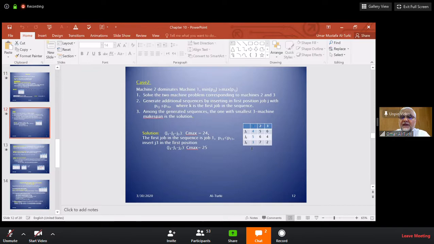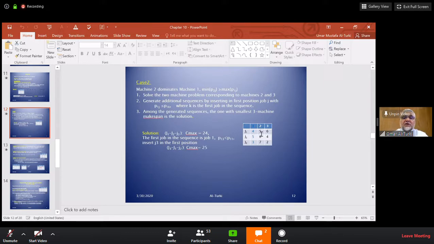The largest in machine 1 is 5. The smallest in machine 2 is 5. So the largest in this machine is smaller than or equal to the smallest in the second machine. So we can say that machine 1 is dominated by machine 2.